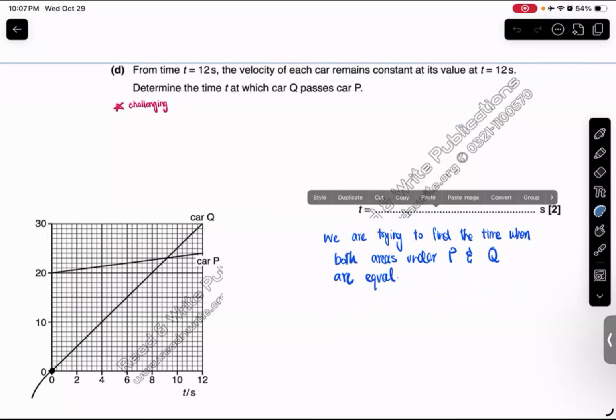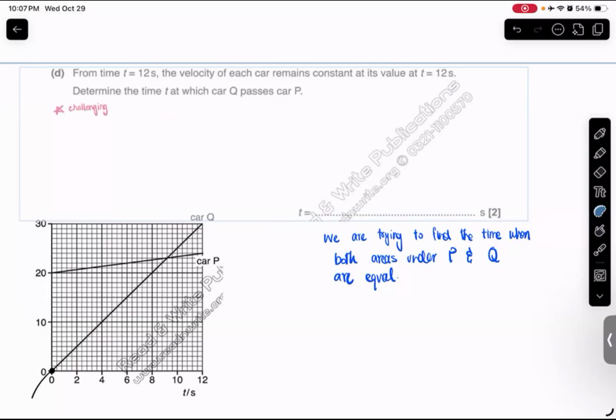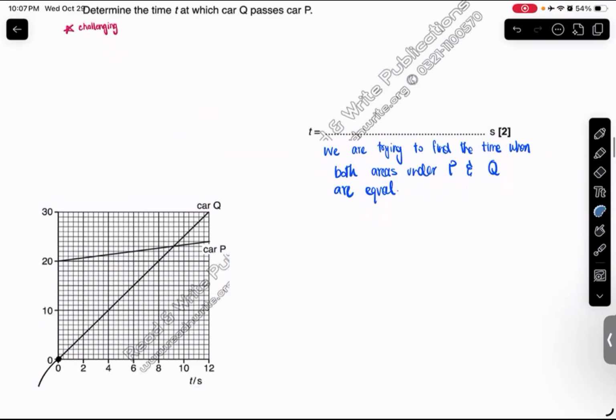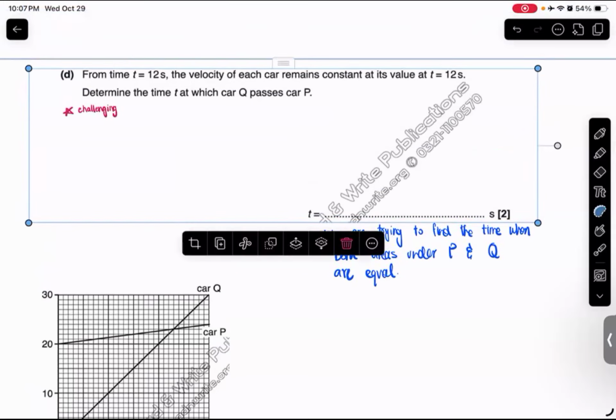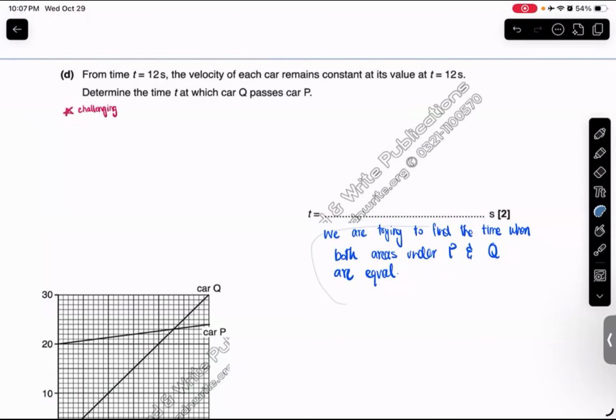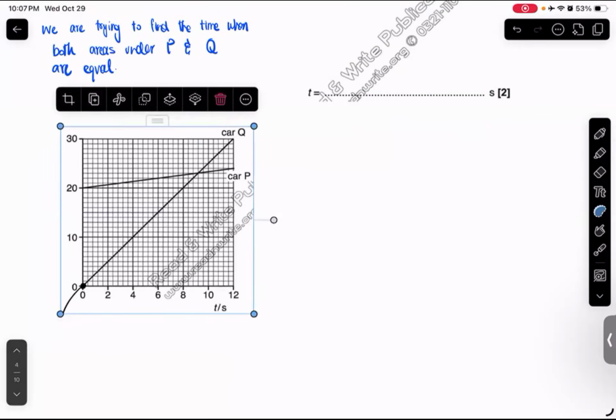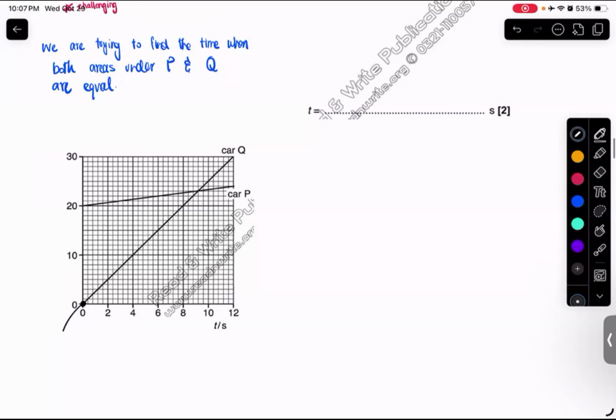Okay, so that means, one second. If you notice this graph, it says that they will continue their velocities at whatever that was.